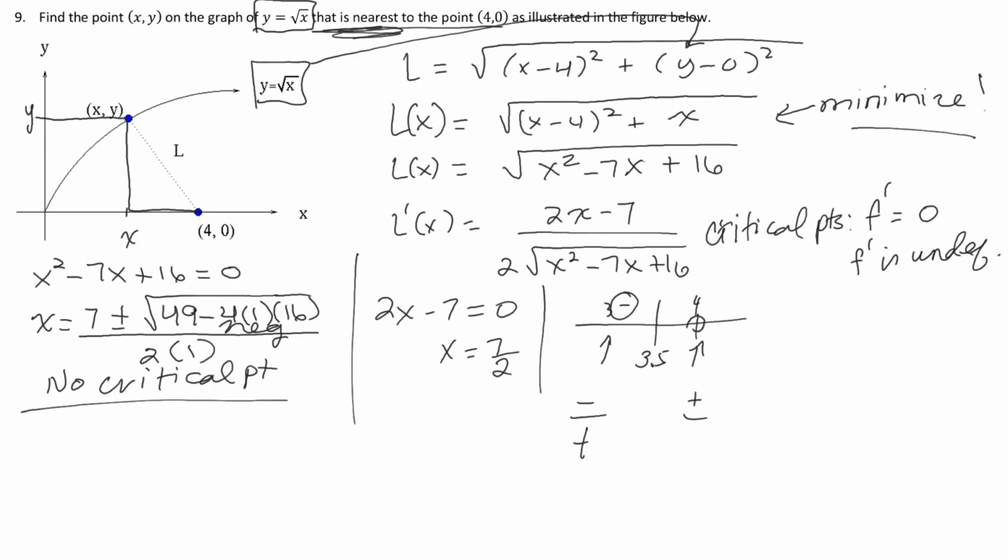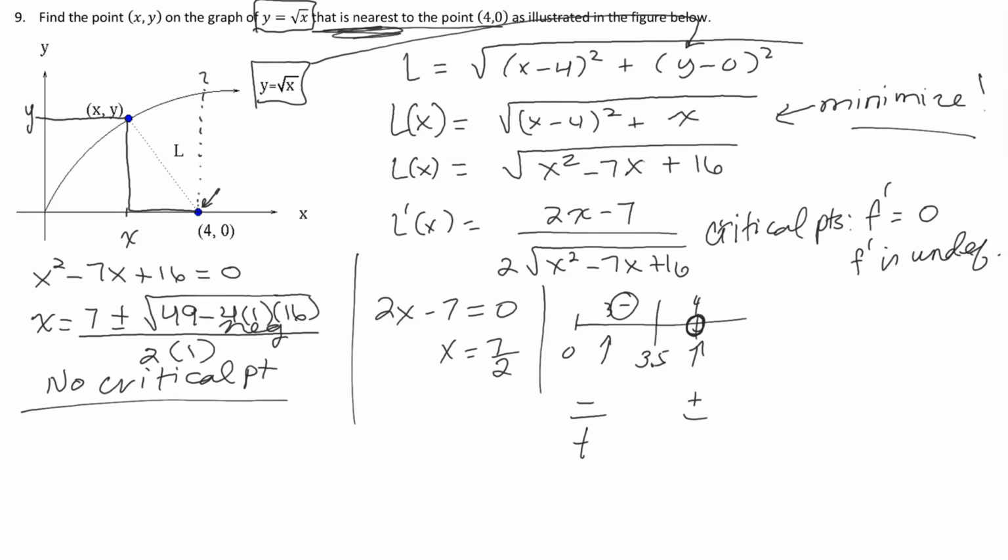That doesn't make sense, because that cannot be 4. If x is 4, it would be right here at that point, and that's not fair. The closest point to the point itself is right there. Or this would be this guy right here, (4, 2), which we know is not the closest point. So the x value has a limit between 0 and 4.